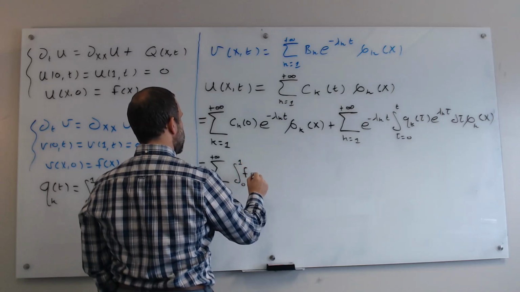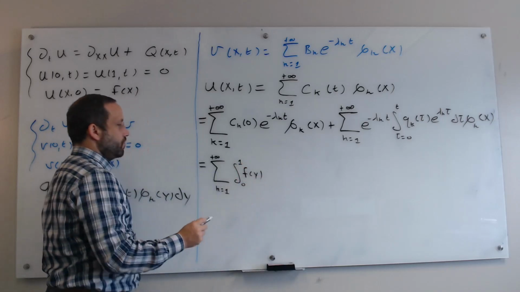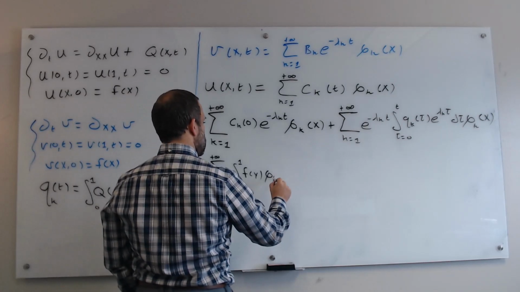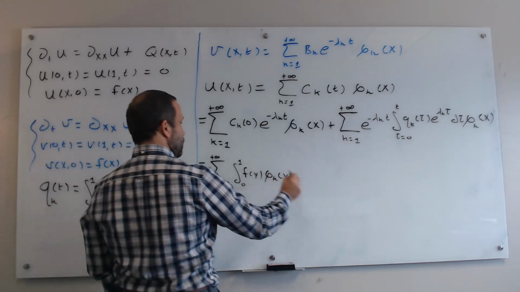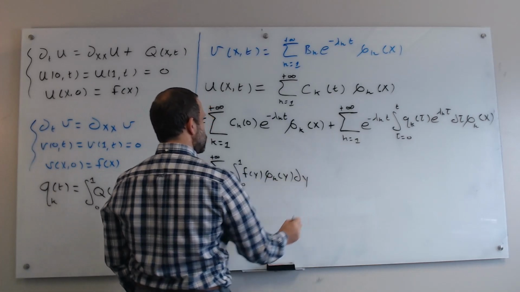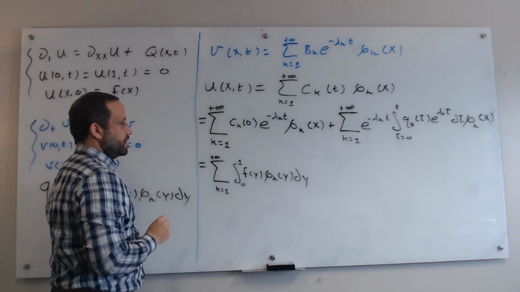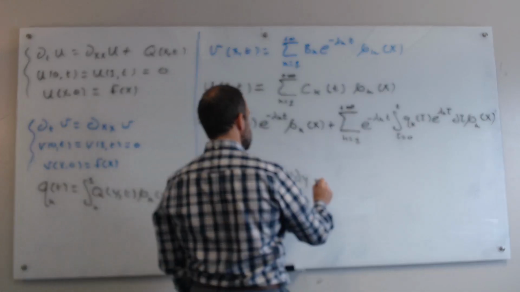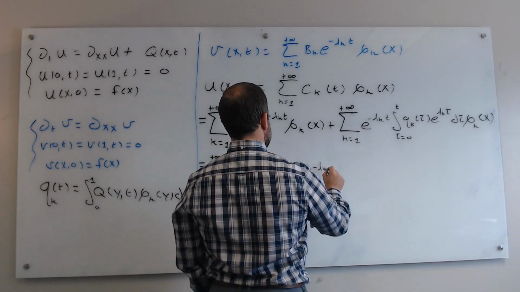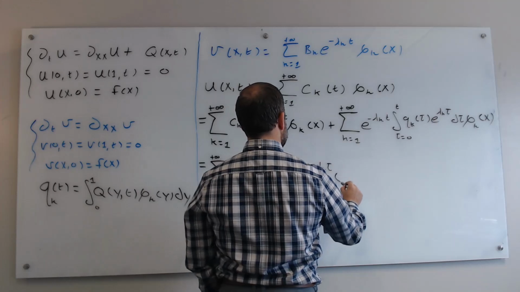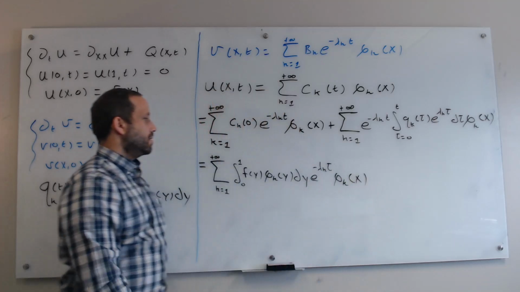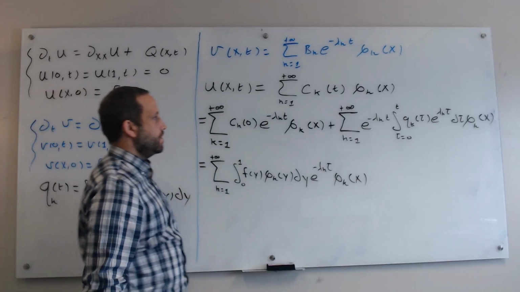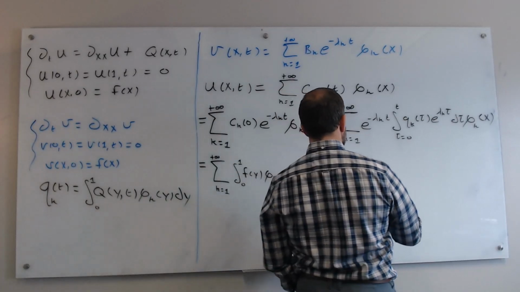I'm going to use y again as my variable of integration. f of y, c_k of y, dy. So what I just wrote down is a formula for c_k of 0, times e to the minus lambda_k t, v_k of x, and then plus this sum over here, which we're not done dealing with yet.